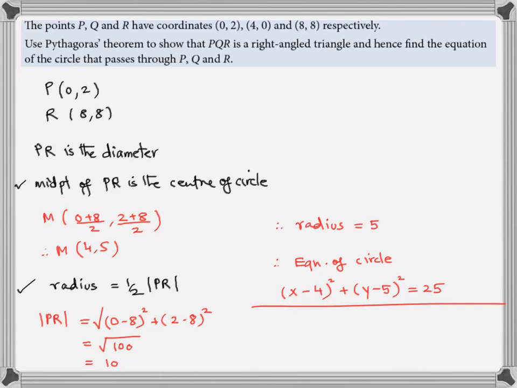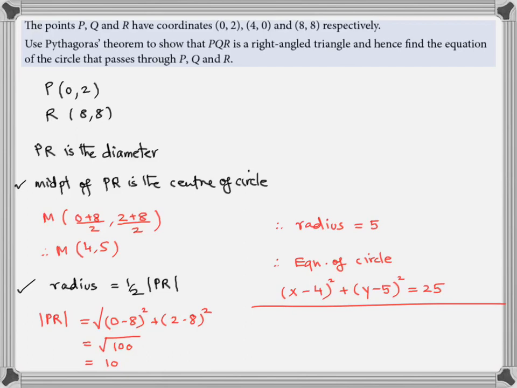Now, if the examiner would have not specified to use Pythagoras theorem, was there any other way? Is there any other way? The answer is yes. We can use the concept of gradient. Take out the gradient of PQ, the gradient of QR, the gradient of PR, multiply each one of them, PQ into QR and so on.